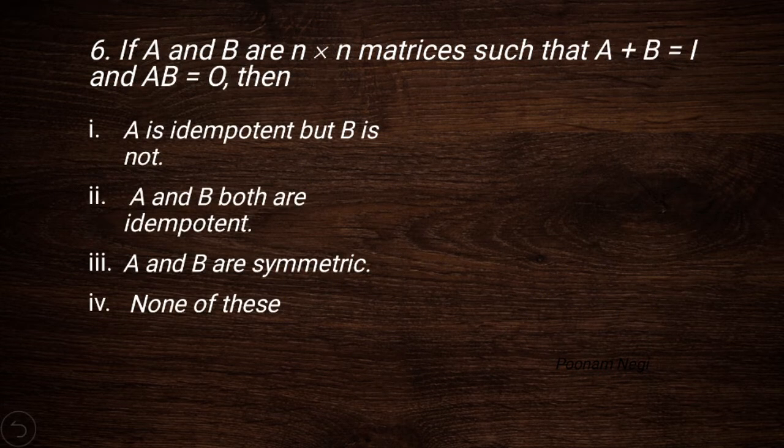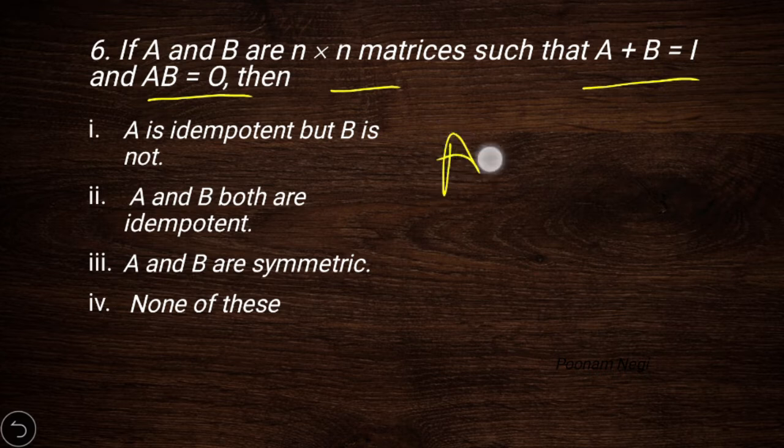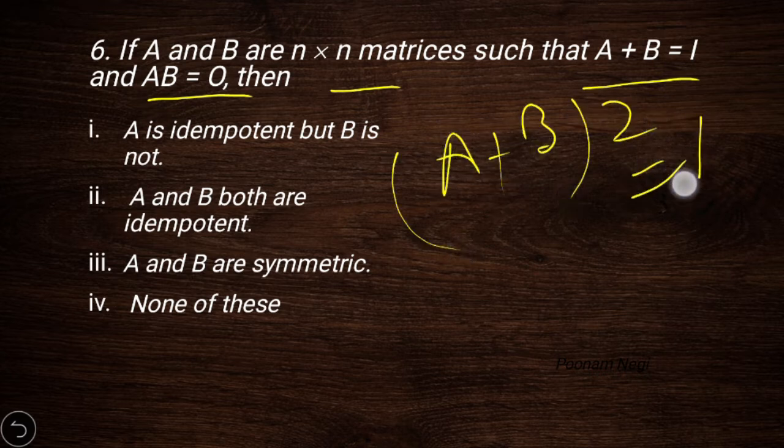Next question is, if A and B are two n by n matrices such that A plus B equals I and AB equals 0, then in such type of question, simply evaluate this and replace this and this.